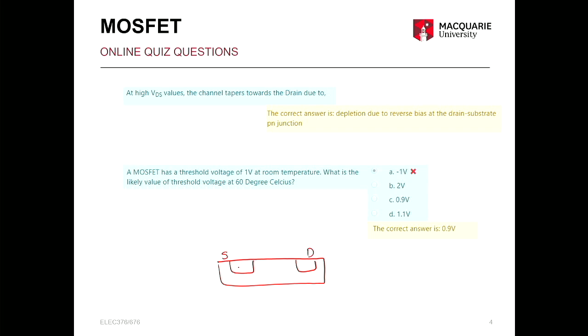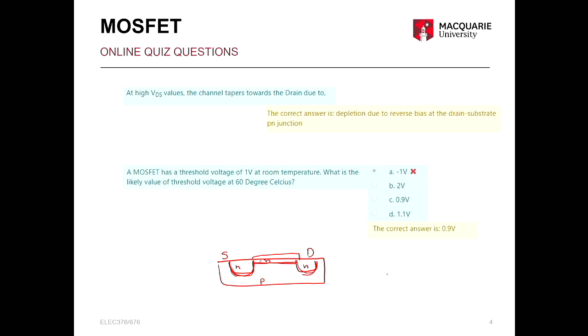If it is an N-channel MOSFET, both source and drain are N-type, embedded in a P-type substrate. When a channel forms, it forms here, it's an N-channel. You see there are two PN junctions, at the source side and at the drain side. This is a distributed PN junction along here and a PN junction along here.